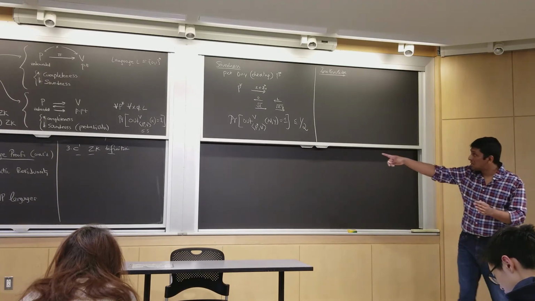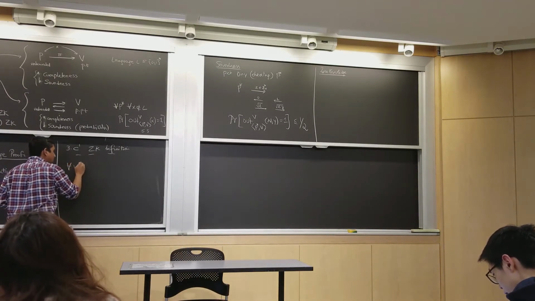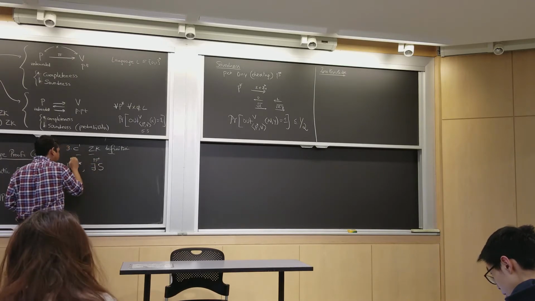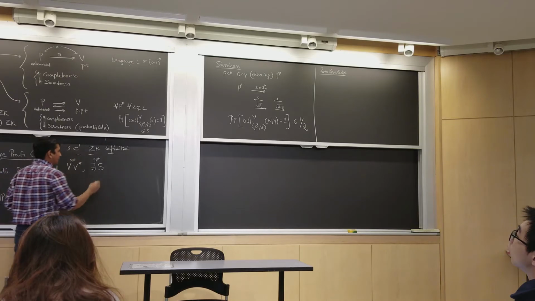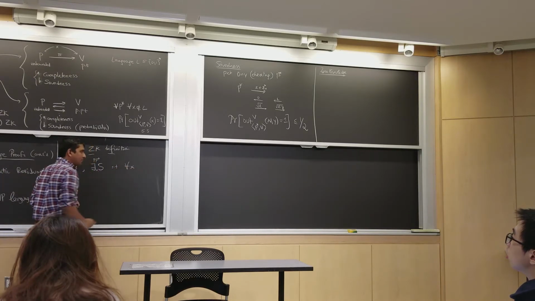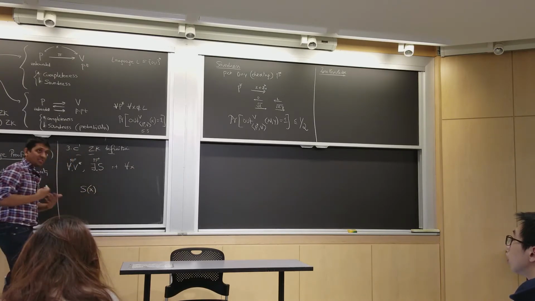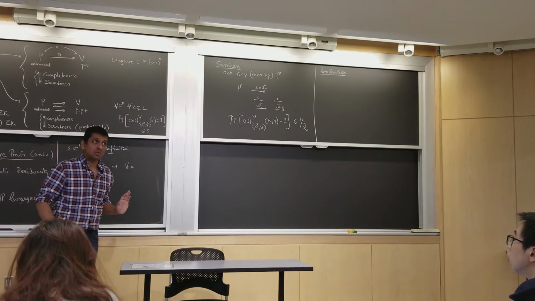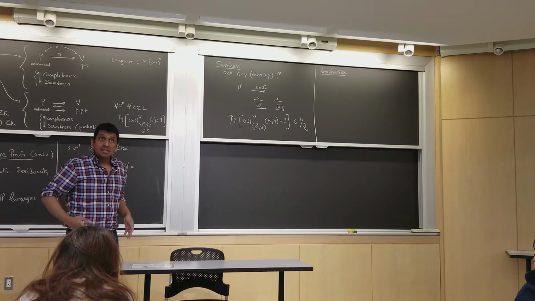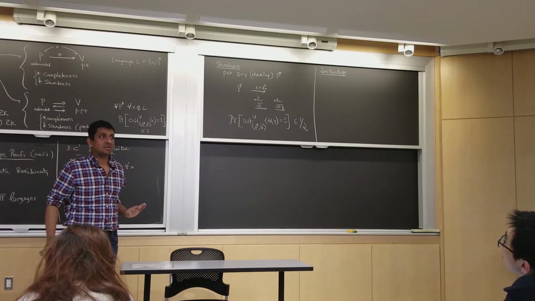The definition here would say that for every cheating verifier V star, there exists a PPT simulator S, such that for every X, the following 2 distributions are indistinguishable. The simulator gets nothing but the statement, n comma y. It does not get the square root of y, just gets the statement.